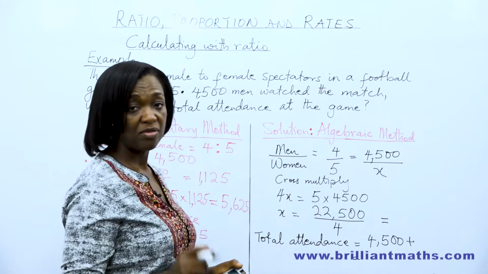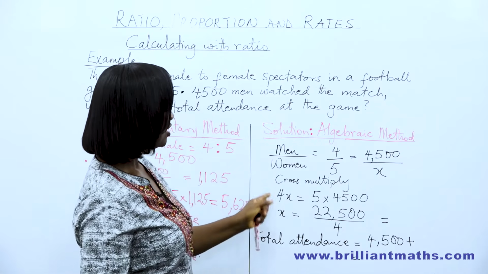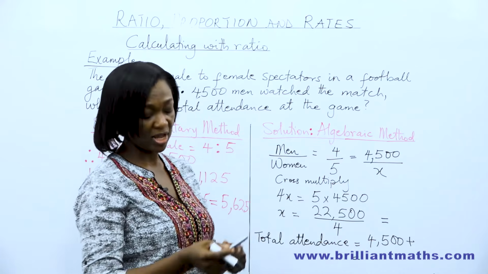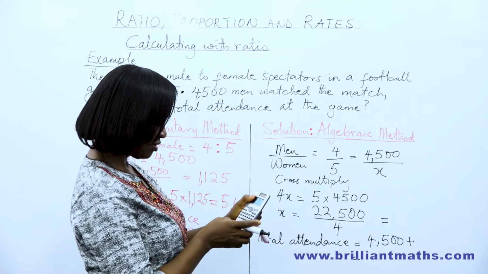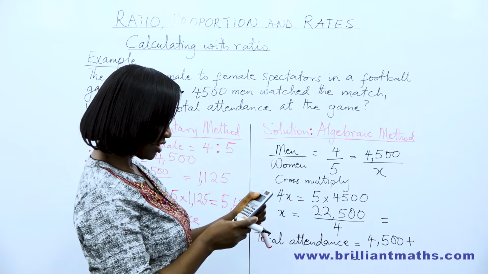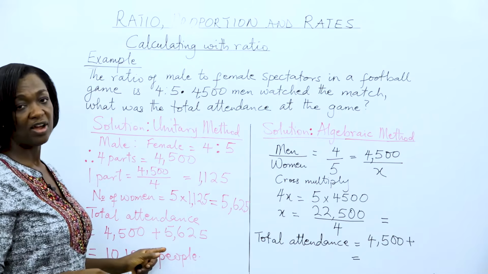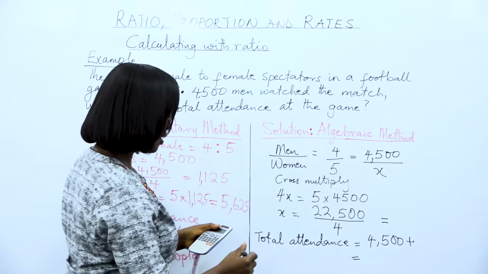So the number of women, remember, is equal to x. So we divide 22,500 by 4 to get the number of women. And that gives us 5,625, the same number we got when we used the unitary method.